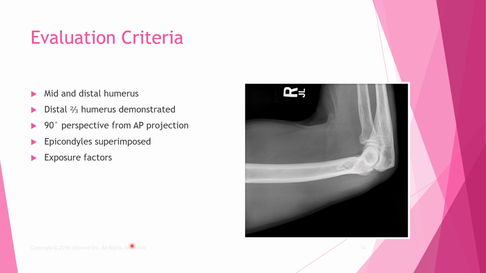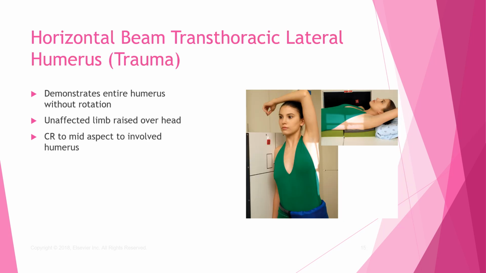But then in order to capture the proximal portion of the humerus, you would have to do, like on page 188, what is called a transthoracic lateral humerus. Okay? A transthoracic, meaning you're going across the thorax, across the thoracic spine, and you're getting a lateral view, again, because the patient had trauma and cannot do the regular non-trauma lateral.